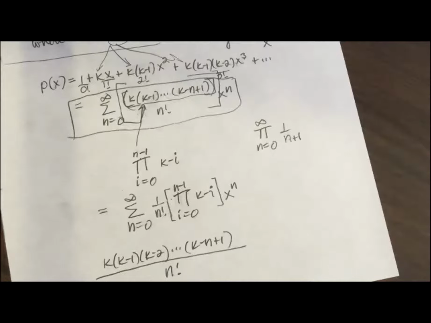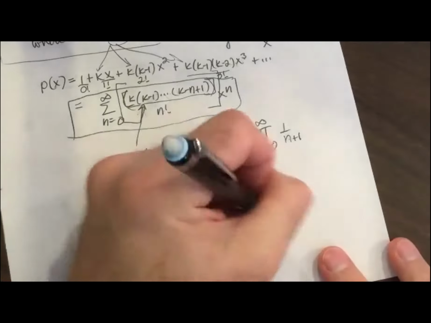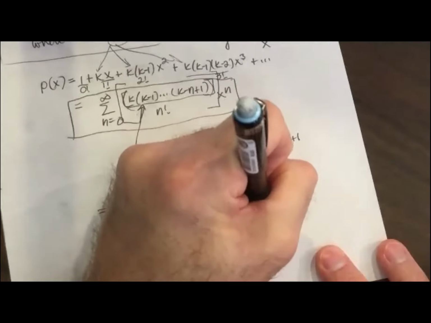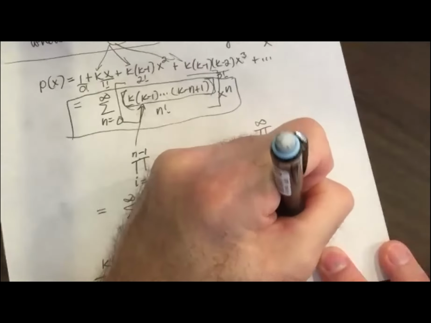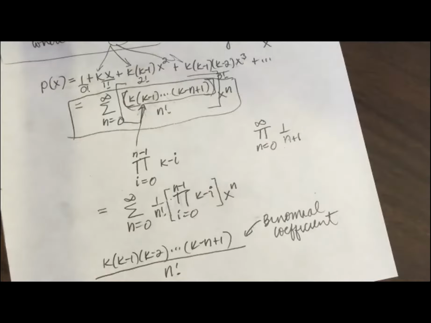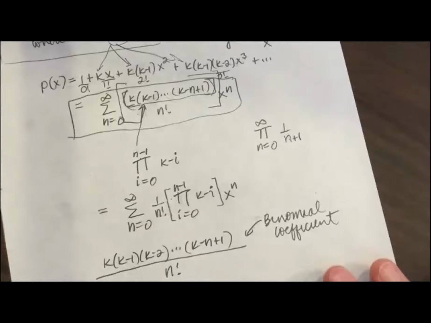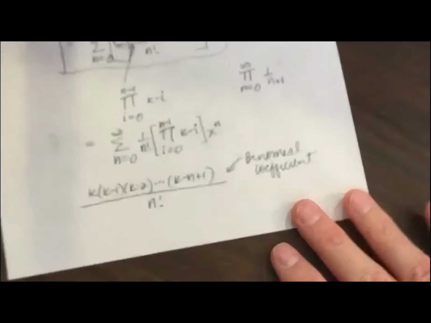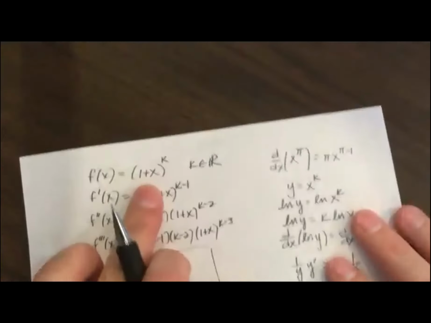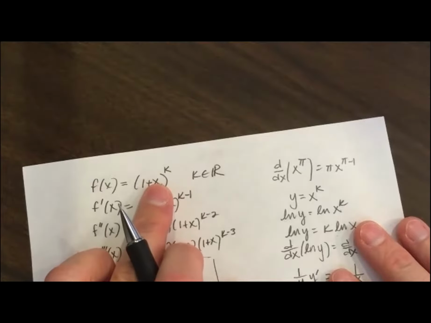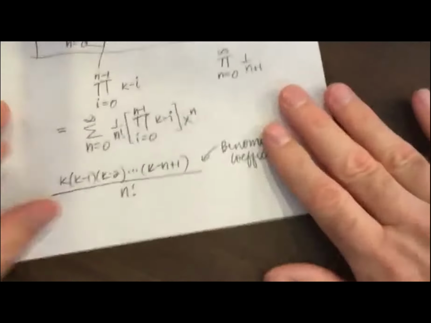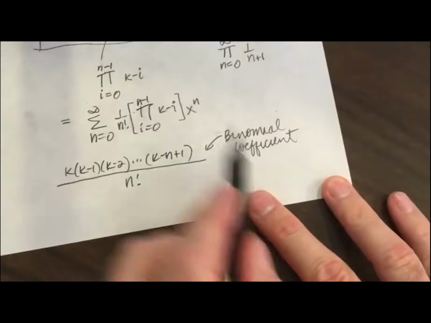We call that the binomial coefficient, which is cool because these are the coefficients to our binomial series. It's called a binomial because we have 2 terms and we're raising them to a power. So it's a regular old binomial. What we're trying to do is find the coefficients, and this tells you the coefficients.